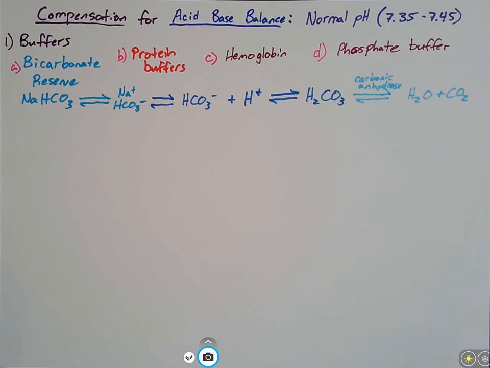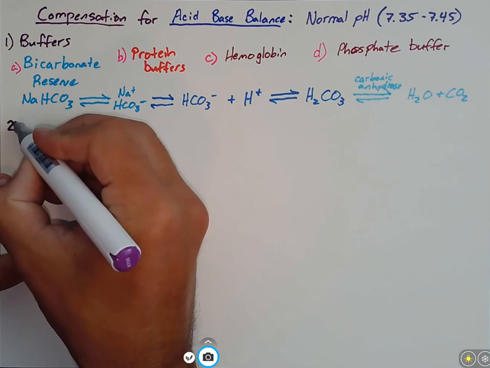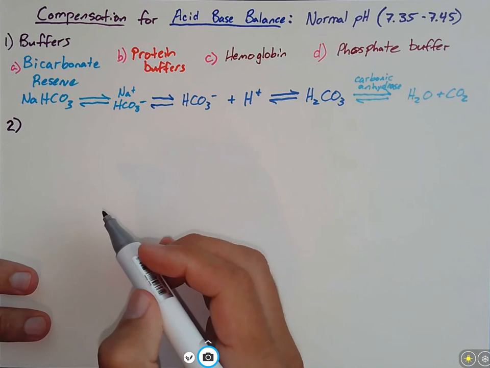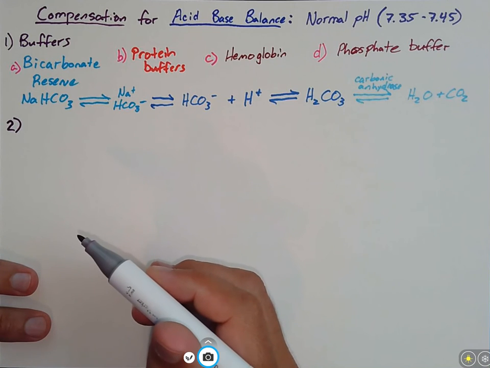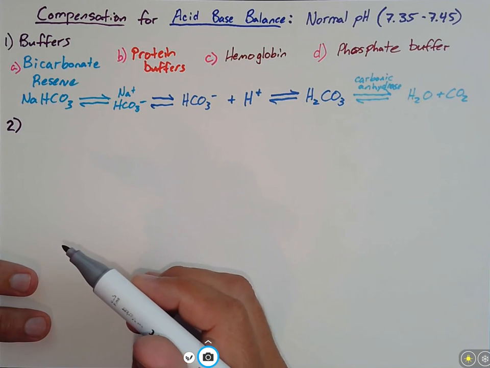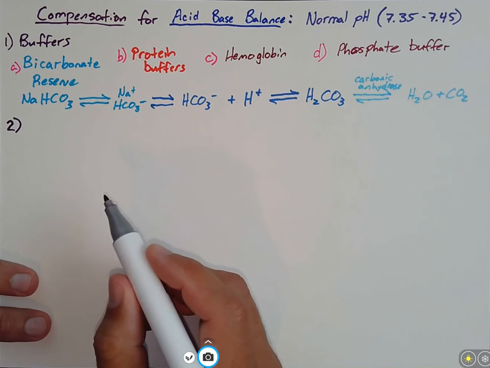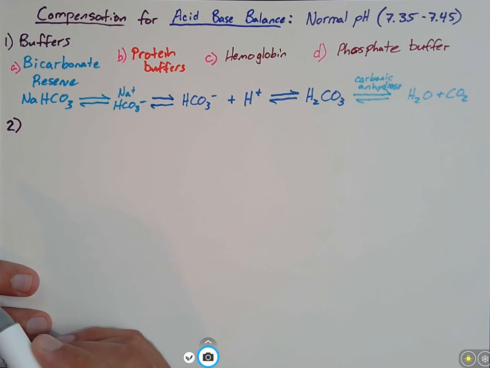Now, let's talk about the next compensatory mechanism. The second compensatory mechanism controls about 70% of all acid-base imbalances in the human body. And if you listen to my videos before, you might already know the answer. What's the number one source of acid in the human body?